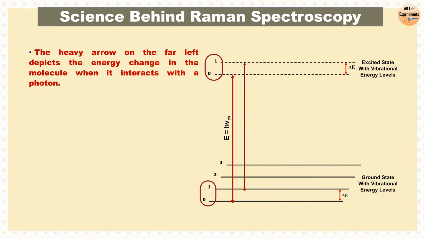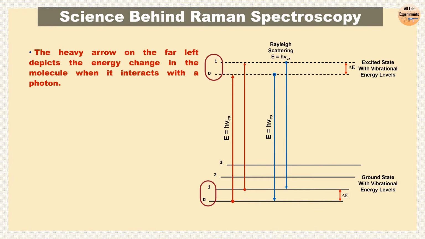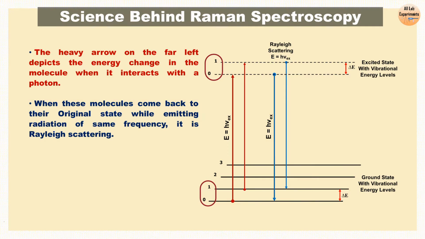Now it is possible, and a dominating effect, that these electrons, without any change, just come back to their original energy levels and emit the same kind of radiation which excited them. This is known as Rayleigh scattering, which is of no use for us basically, because this doesn't have any information about the material.